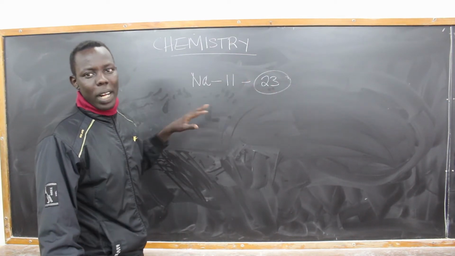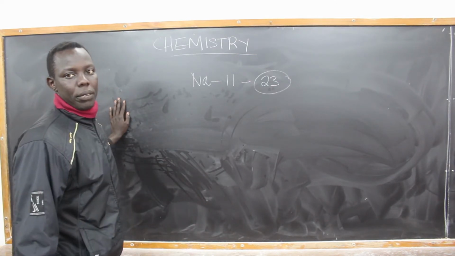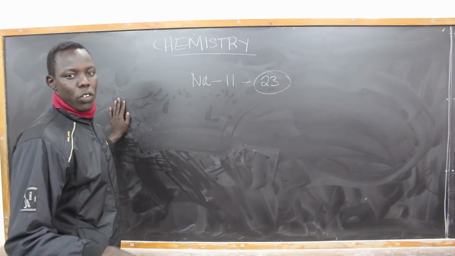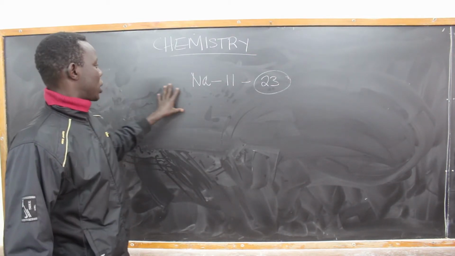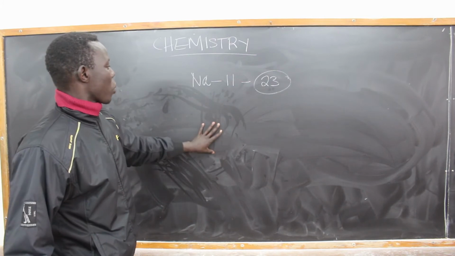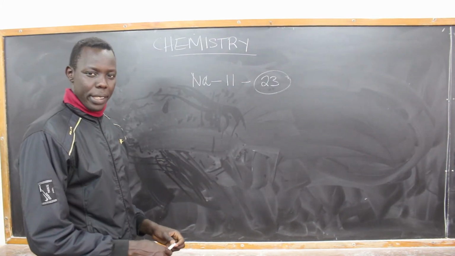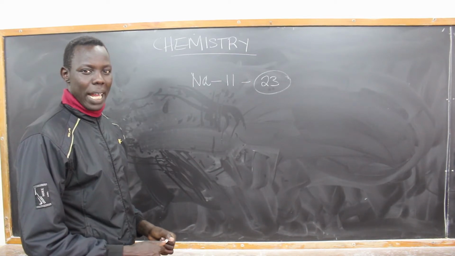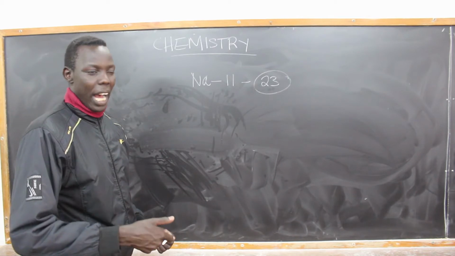So it's very possible for us to calculate the number of atoms of sodium. And please follow every step. We cannot calculate the number of molecules of sodium, reason being, sodium does not exist as a molecule. It exists as an atom.